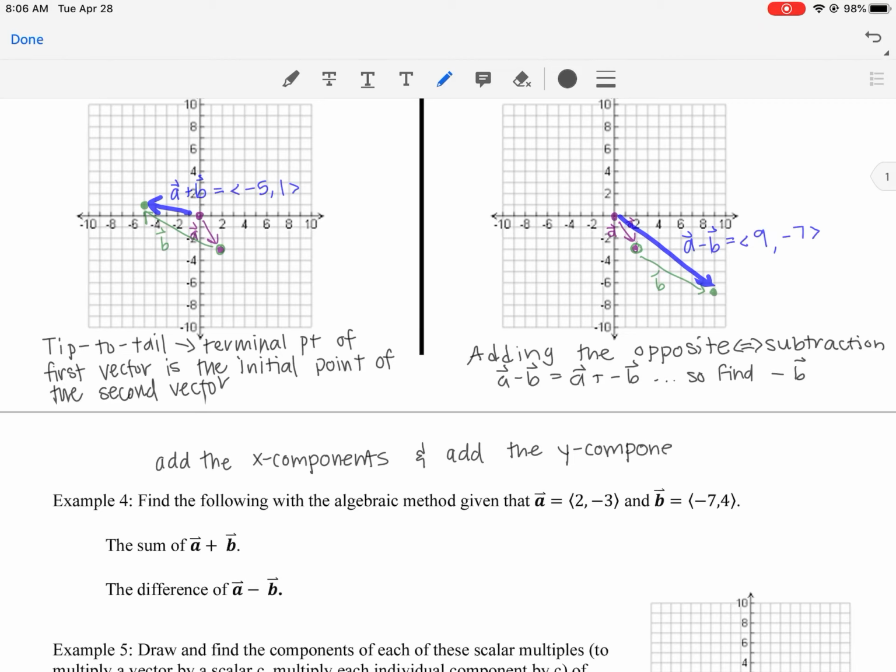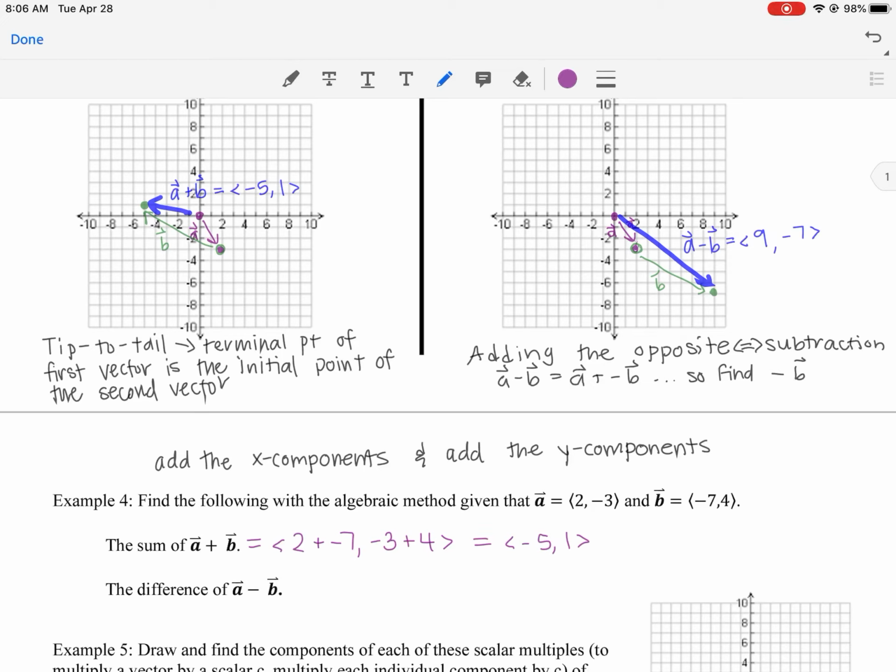Sorry, I didn't spell components right there. So when we're trying to find A plus vector B, we take 2 plus the -7 from vector B. We do comma, -3 from vector A plus 4 from vector B. So 2 plus -7 is -5. -3 plus 4 is 1.